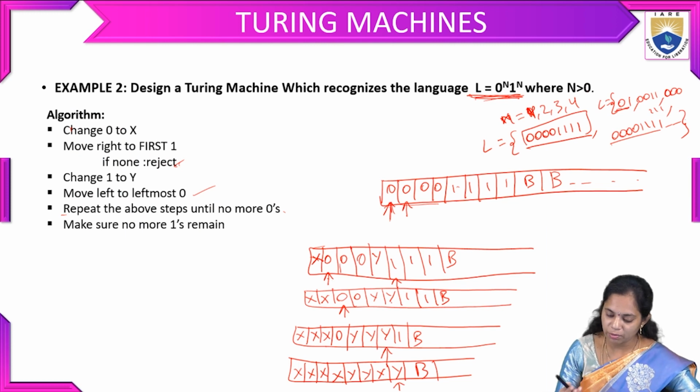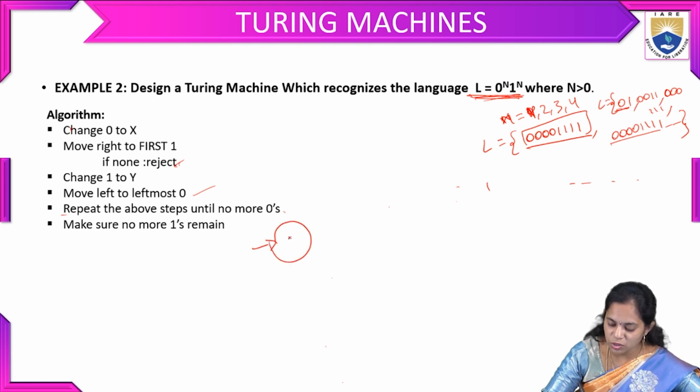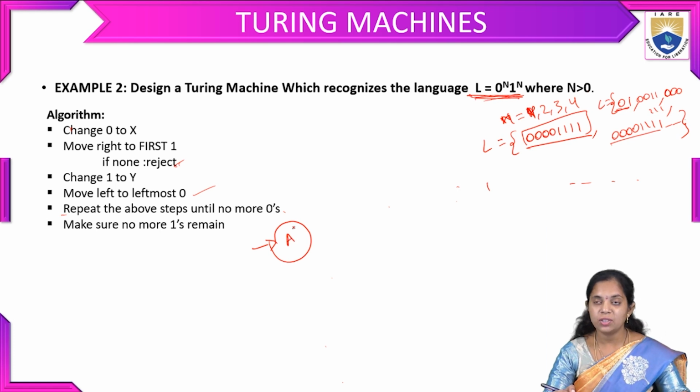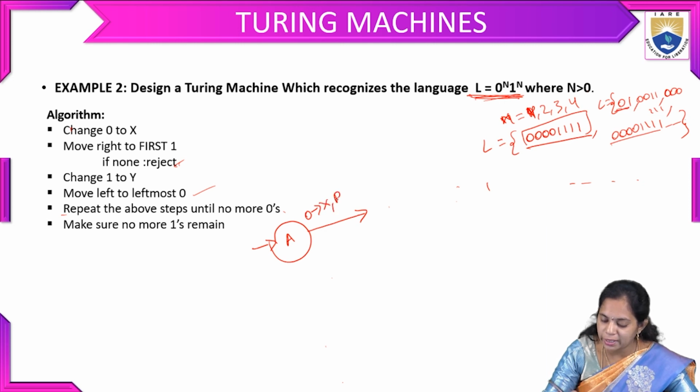So here is the Turing machine. In this one, the initial state is A, and we have the transition function. Whenever A has the 0 input symbol, we have to replace it with X, and we have to move in the right direction.